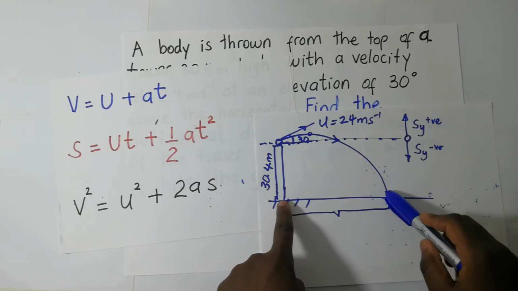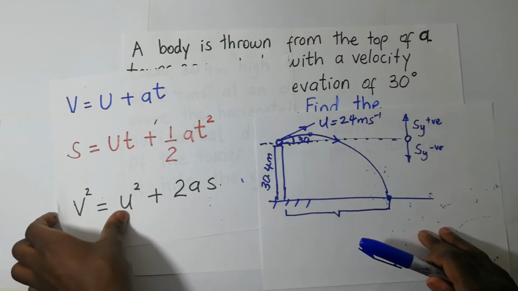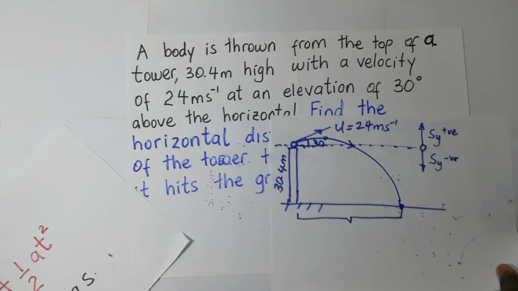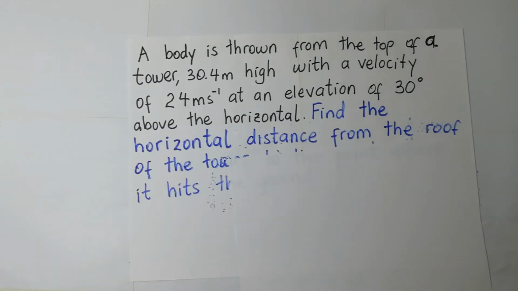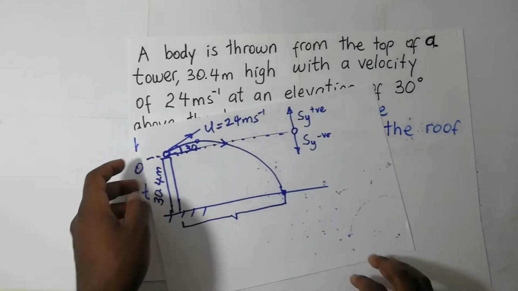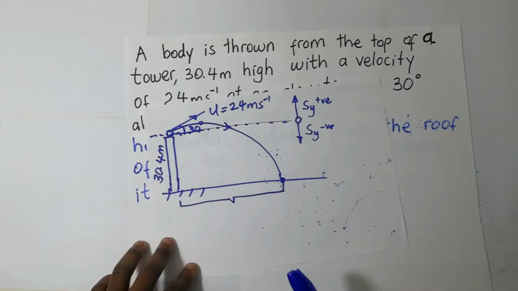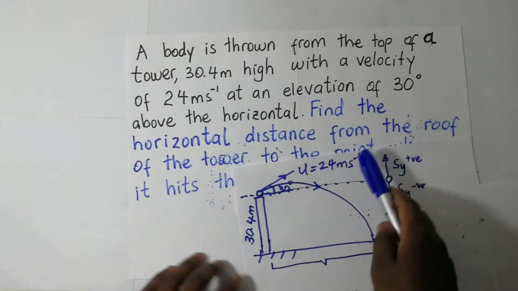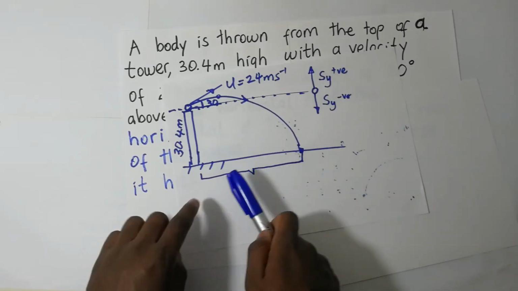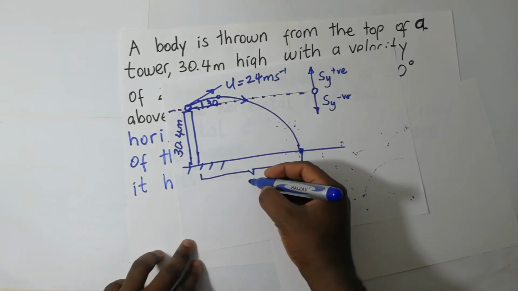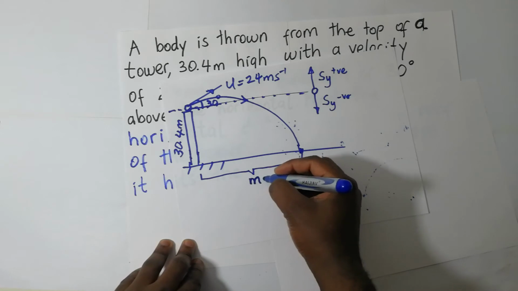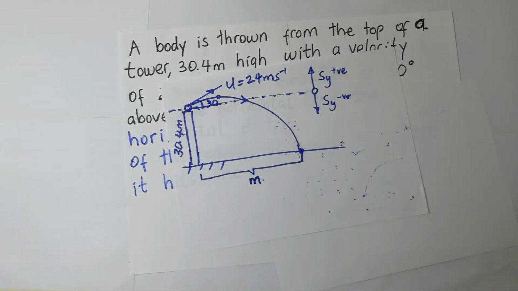That is its displacement in the y direction, or in the vertical direction. So what do they want? Let's get back to our diagram here. They want the horizontal distance, from the roof of the tower to the point where it hits the ground. This is the distance they want. Let's call that distance m. That's the distance they want you to find.